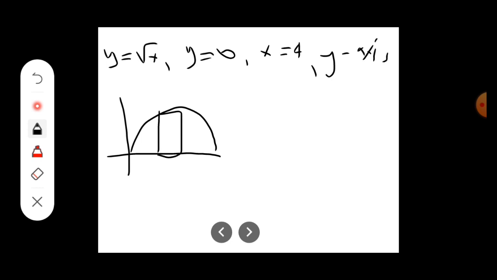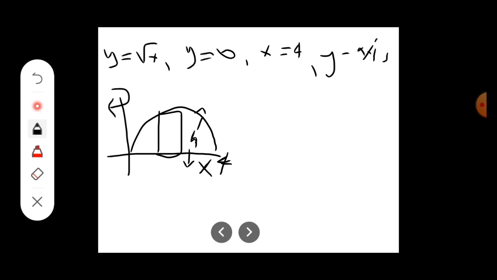This is the height. Here x is 4, and we rotate it about the y-axis.